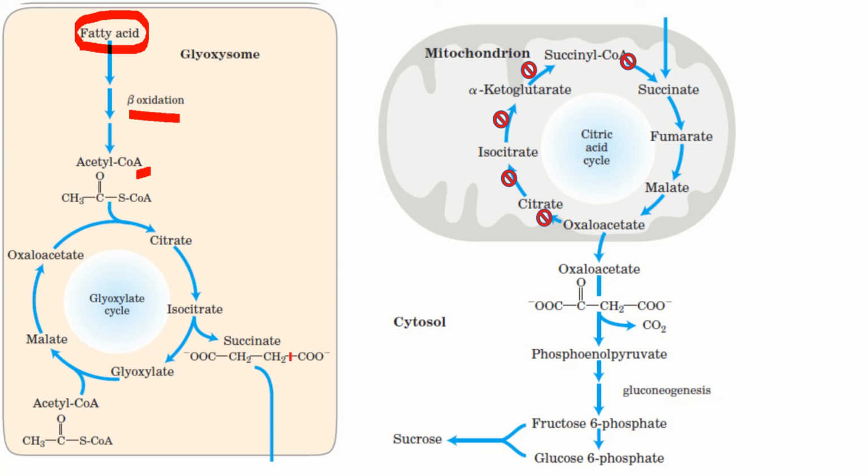Thereafter, what happens? This succinate is exported from the glyoxysome to the mitochondria. So, for this pathway, glyoxysome is required and mitochondrion is required. There, this succinate is undergoing some of the reactions of the citric acid cycle.